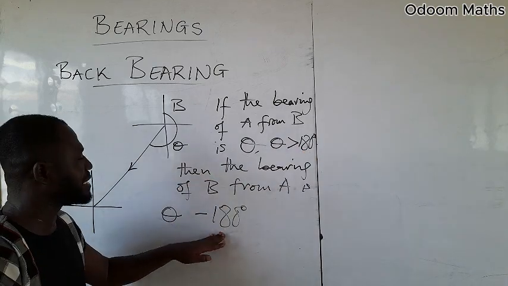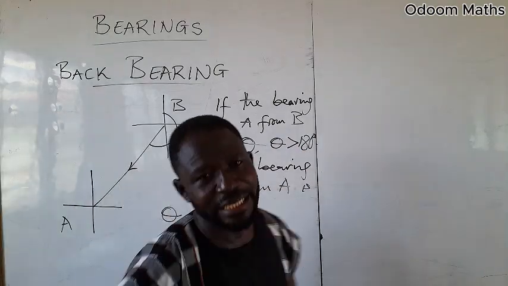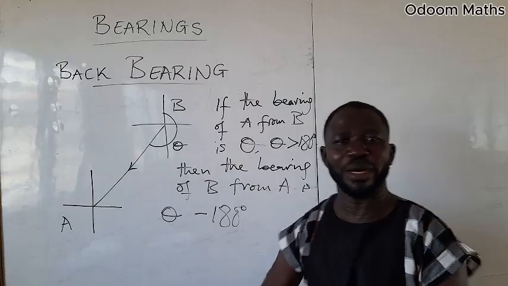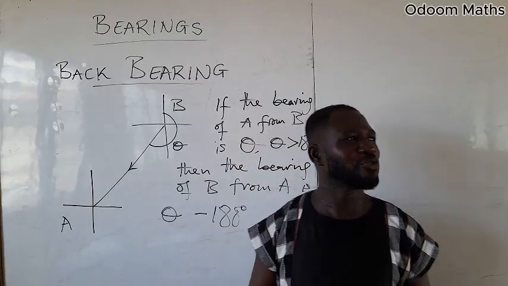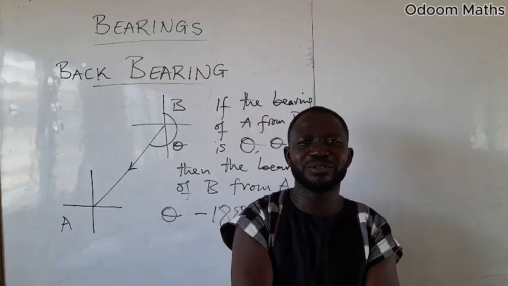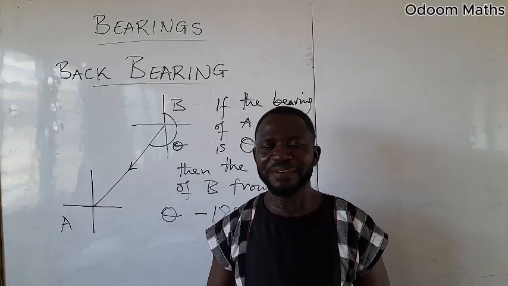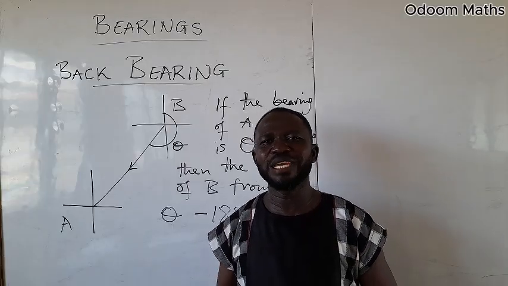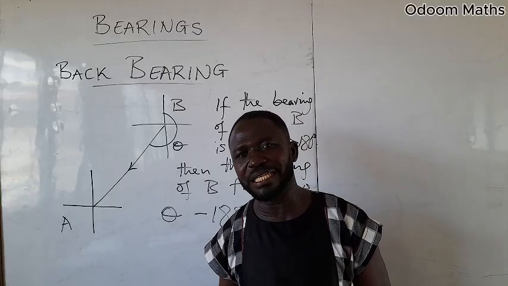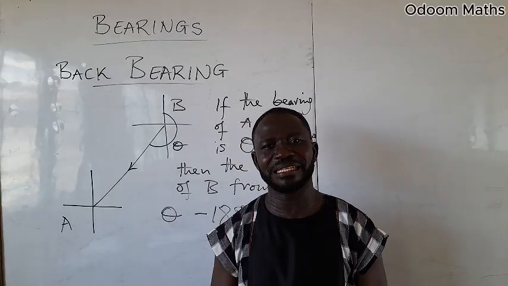So we subtract 180 from the angle. Like I said, if theta is equal to 180, what's its back bearing? We either add 180 or subtract, whichever way we get the answer.